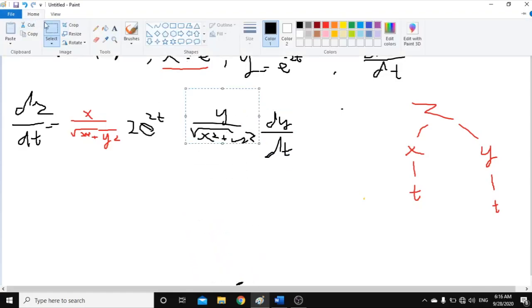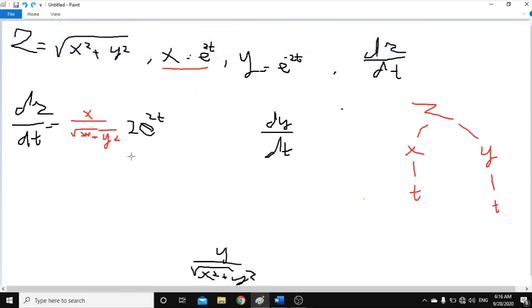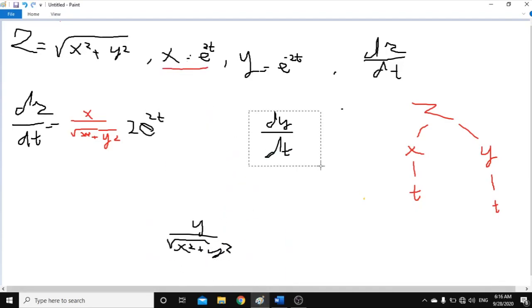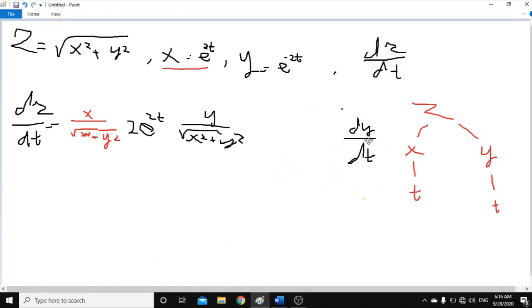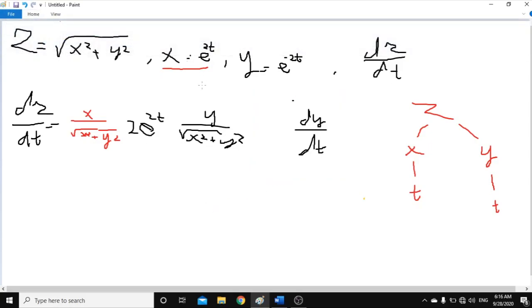Sorry, I took too much time. Okay, that's okay. So the last variable that we need to solve is the y.